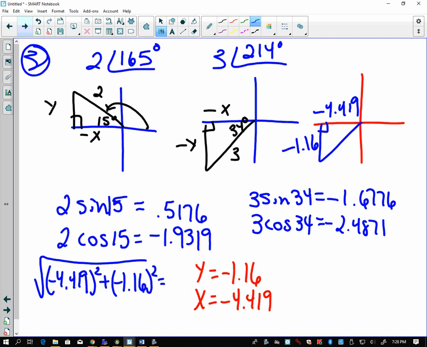I'm getting an answer of 4.57. We're going to call it negative 4.57.